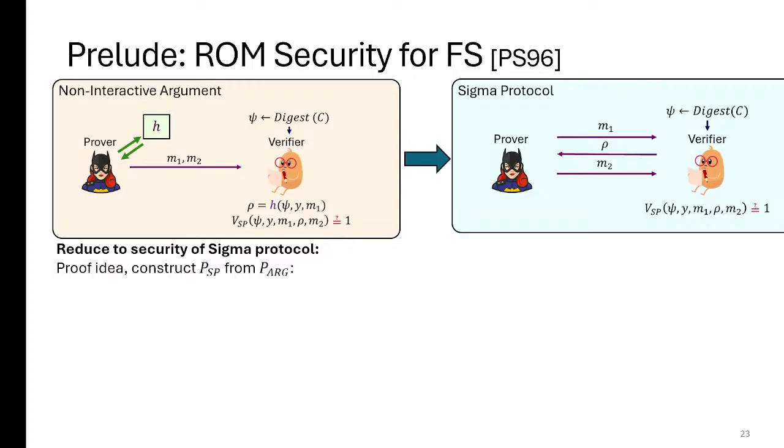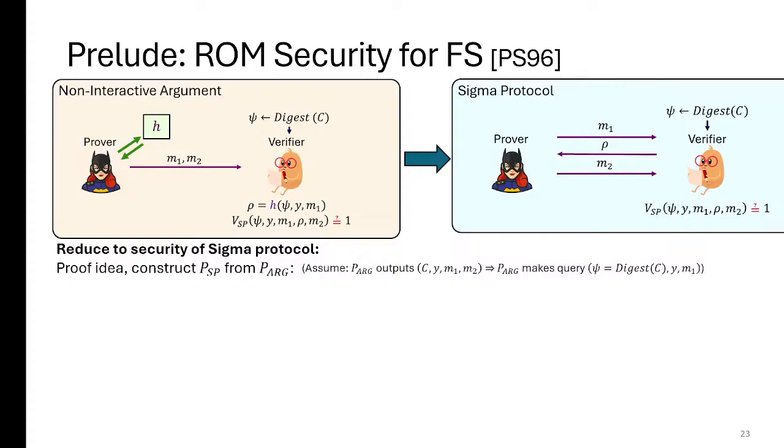So again, now we're in regular Fiat-Shamir, no proof of work, nothing. How do we prove this is secure? How did Pointcheval and Stern prove this, at least in the modern notation? You want to reduce this to the security of the Sigma protocol by taking any adversary for the argument and transforming it into an adversary for the Sigma protocol.